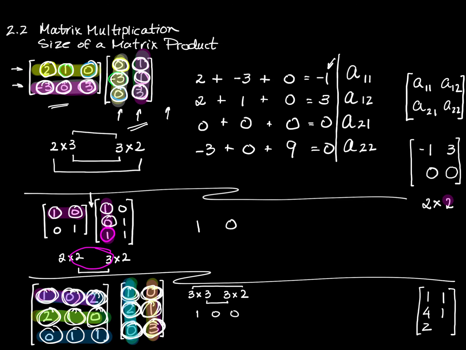And last but not least, I have the third row with the second column. So I'm going to have 0 times 0 plus 1 times 1 plus 1 times 3. That's 0 plus 1 plus 3, so 4. Third row, second column goes in the third row, second column of the resulting matrix.